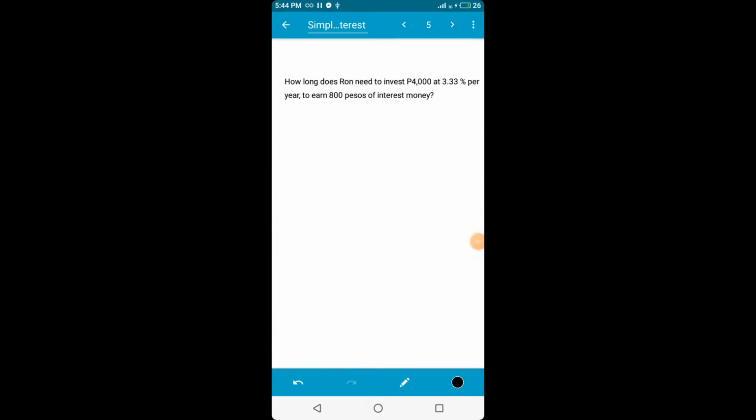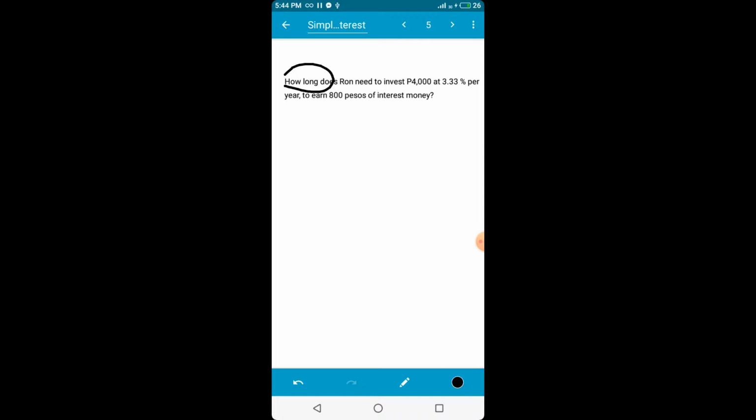Next, how long does Ron need to invest 1,000 pesos at 3.33% per year to earn 800 pesos of interest money? Okay, so this time, what we are looking for is the time, because it asks how long. The scenario is, how long will Ron invest his money of 4,000 pesos with an interest rate of 3.33% so that he earns 800 pesos.